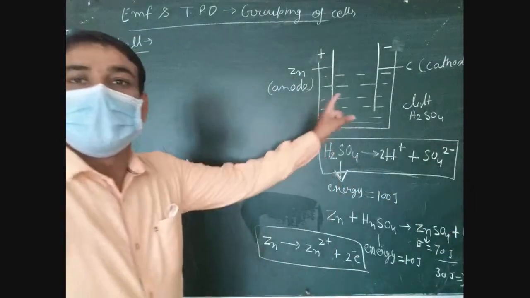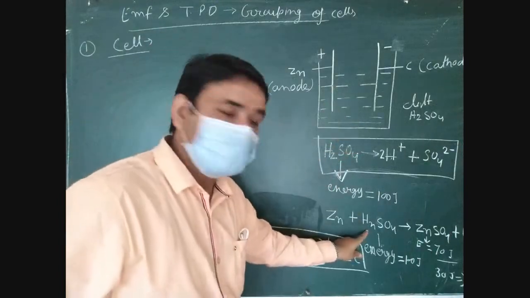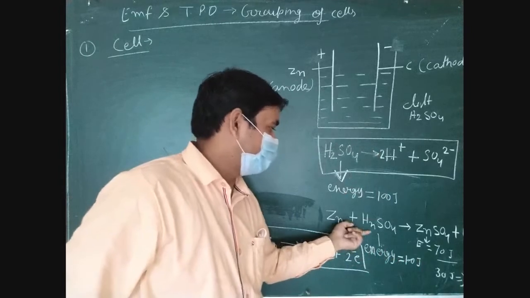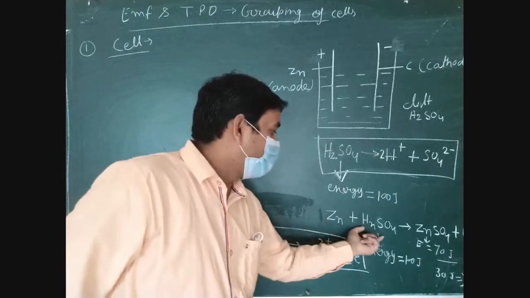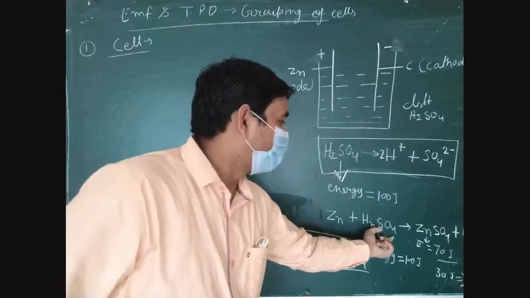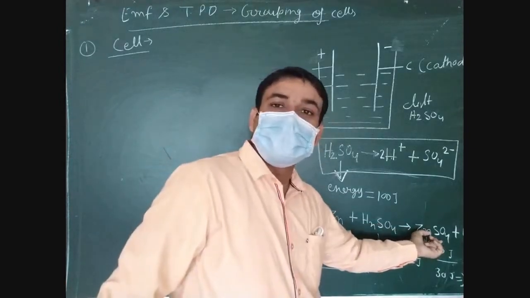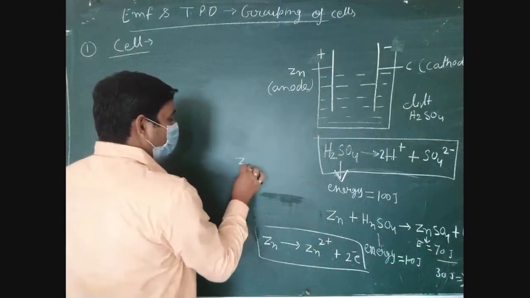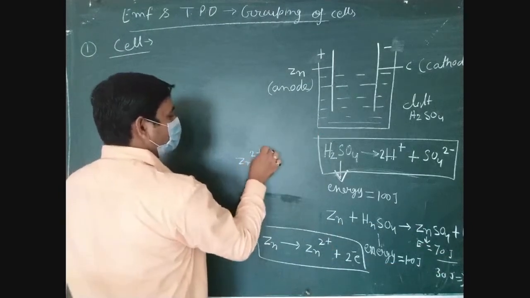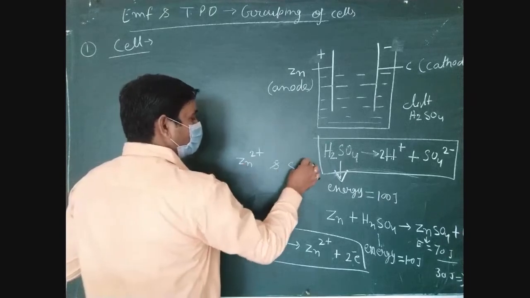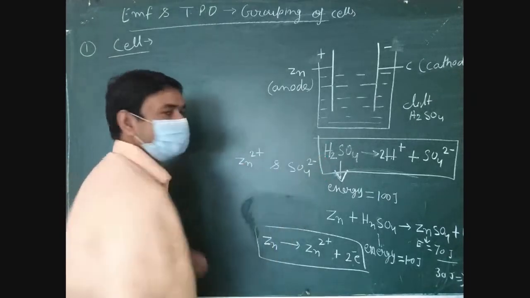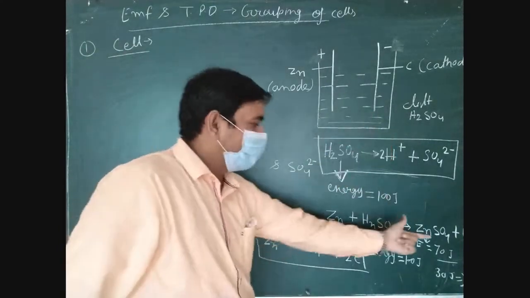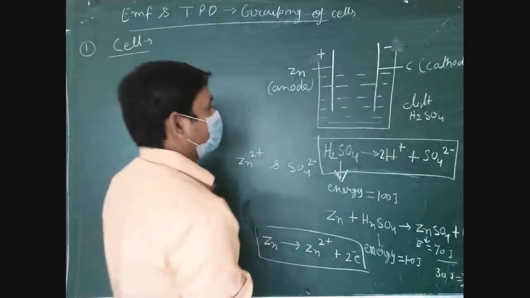So when the reaction continues in the cell and Zn reduces H2SO4 and forms new ZnSO4, we observe that the two ions, Zn2 plus and SO4 2 minus, are continuously released in the equation.